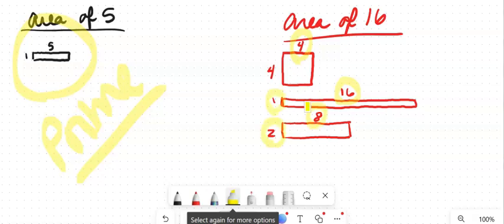It is divisible by 1 and itself, 1 and 16, but it's also divisible by 2, 4, and 8. And that models a composite number because it has more than two distinct factors. So you could model here that 5 is a prime number whereas 16 is a composite number.